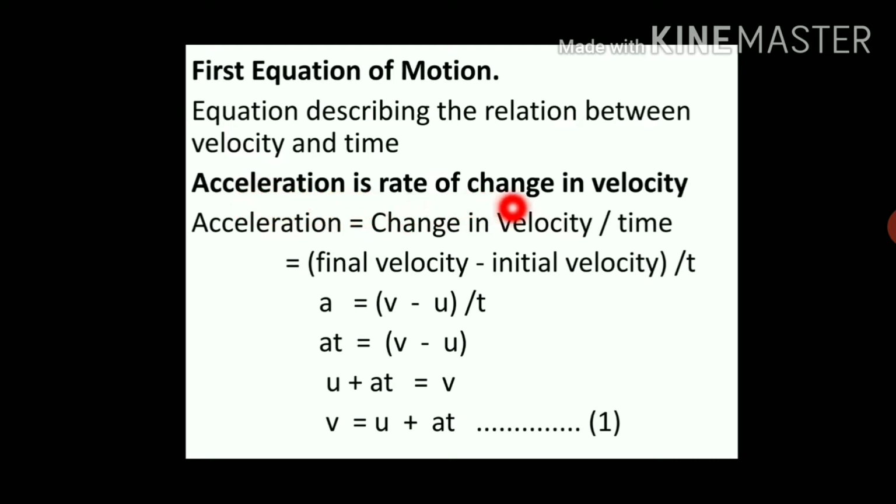What is the definition of acceleration? Already we studied, acceleration is the rate of change in velocity. The rate of change in velocity means change in velocity upon time, and therefore acceleration is equal to change in velocity upon time, that is final velocity minus initial velocity upon time.